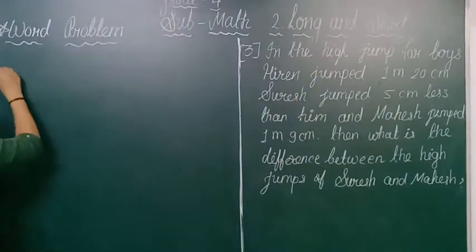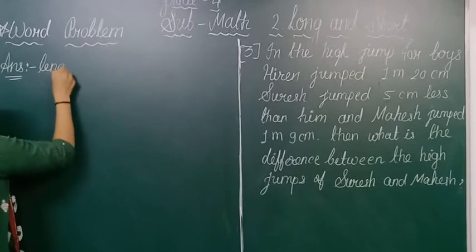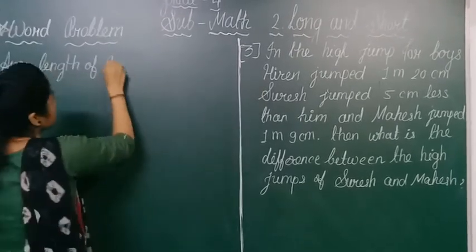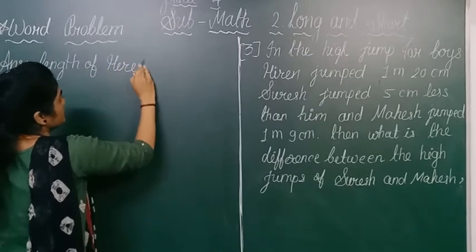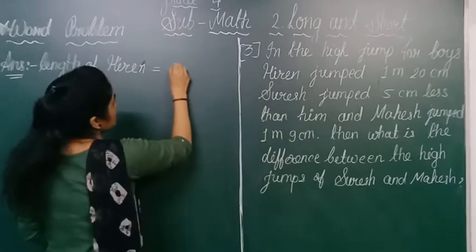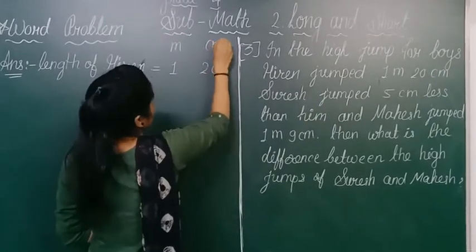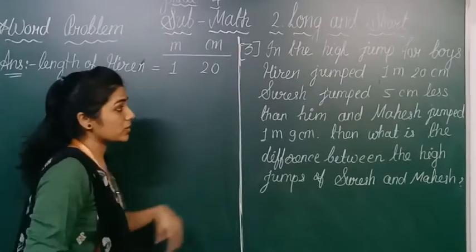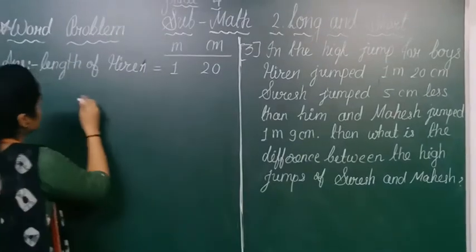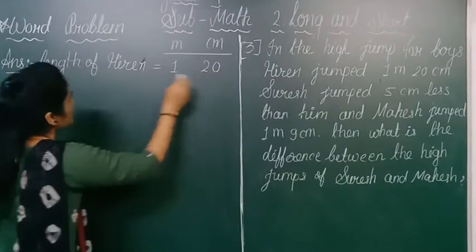So we need to do here subtraction. So first step I am writing length of Hiren, which is 1 meter and 20 centimeter. Why we are writing this first? Because here just 5 centimeter is given. So this 5 centimeter we are subtracting from this 1 meter and 20 centimeter.